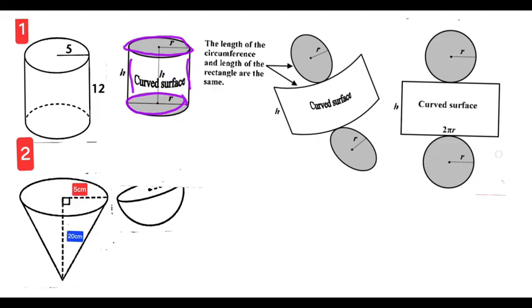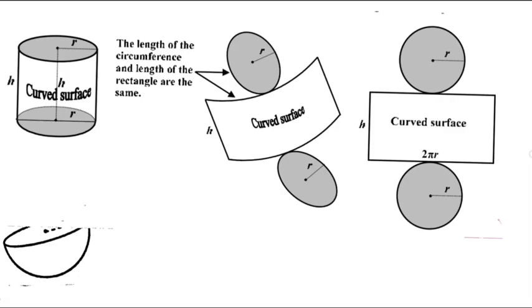Remember, when the lateral, curved surface of a cylinder is opened up and laid flat, it forms a rectangle. You can see the top circle and bottom circle.